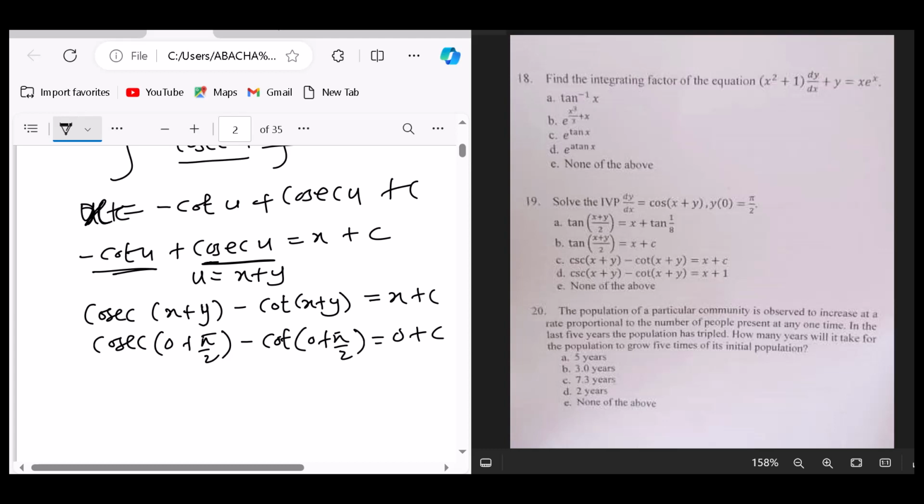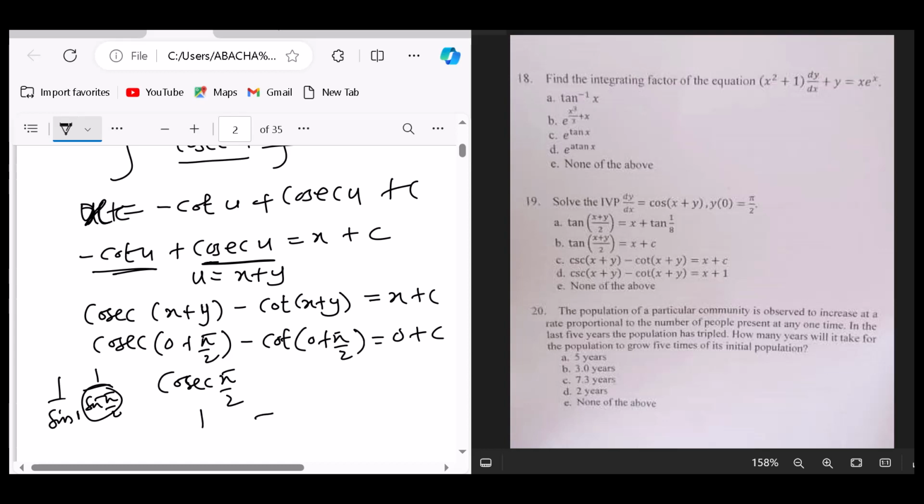So here this one will just be cosec pi over 2, and cosec we know is 1 over sine, so that's just 1 over sine pi over 2, and sine pi over 2 is 1, so here is 1 minus.